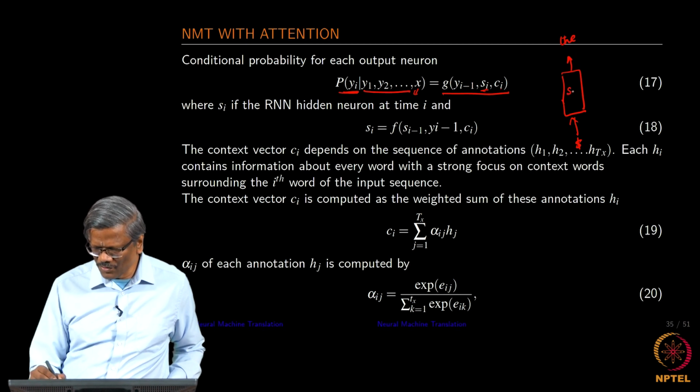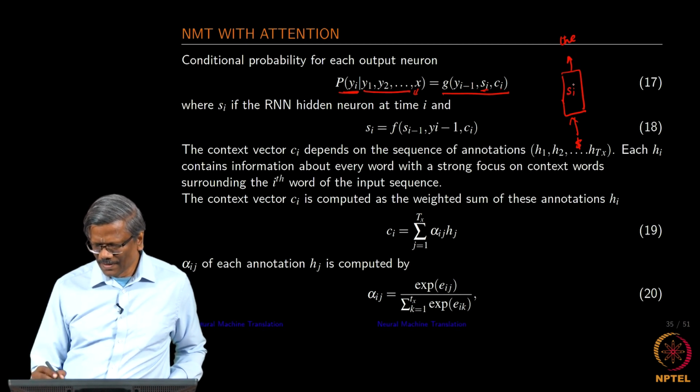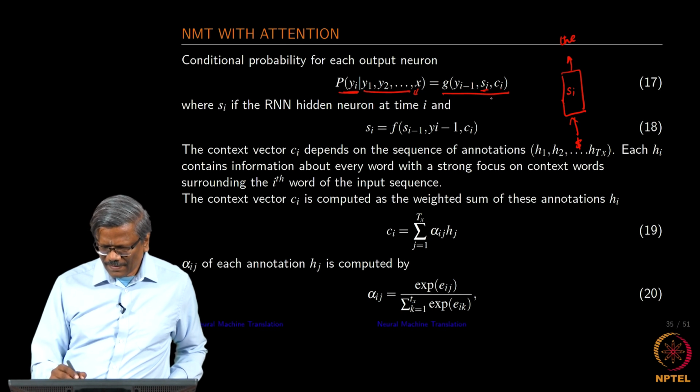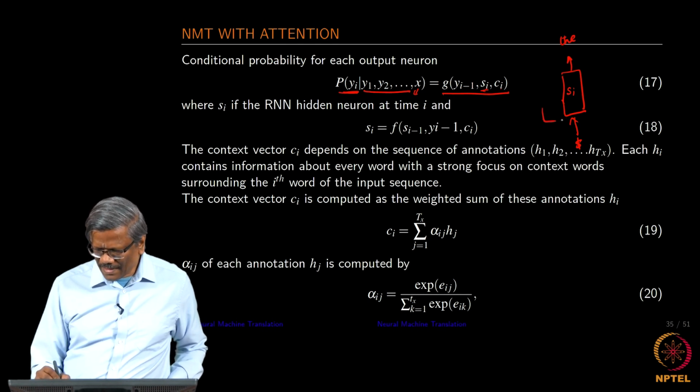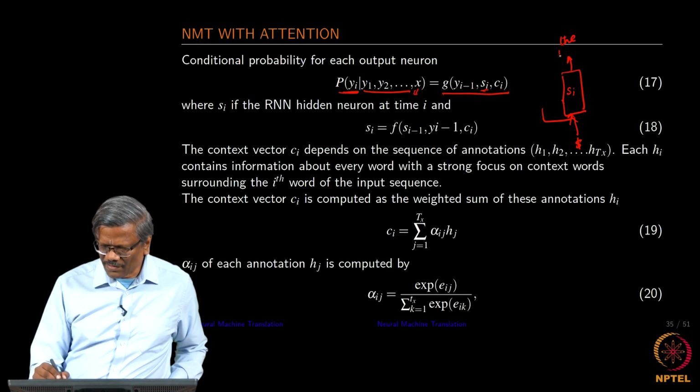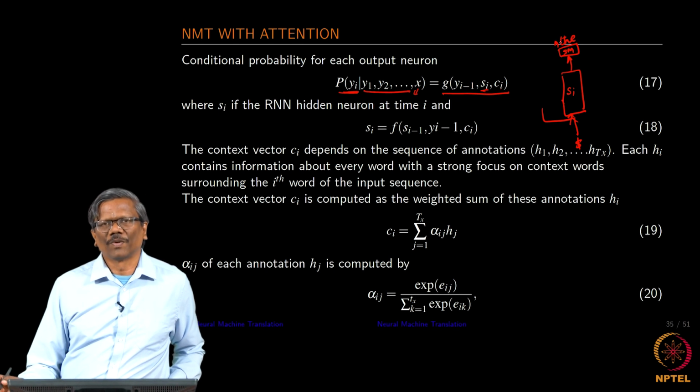Okay. So, let us assume that this is your Si. So, we have the Ci coming into this, and then finally, we have a softmax which will give you this output.